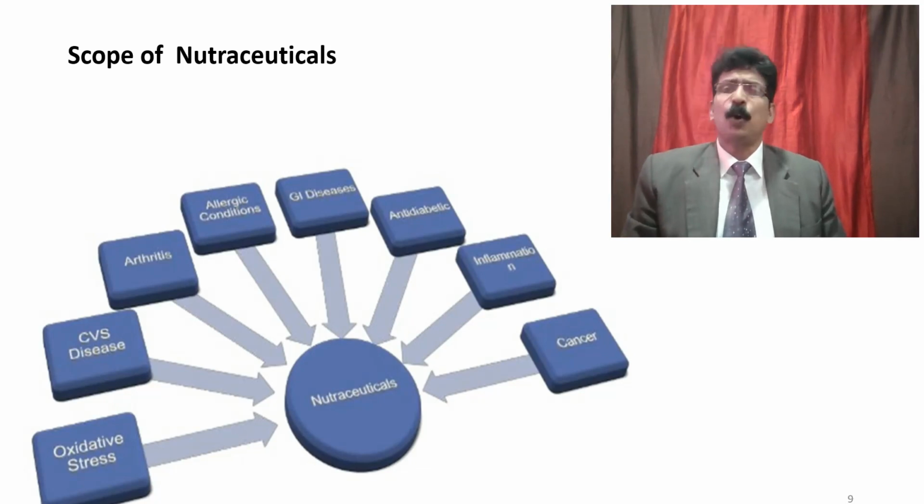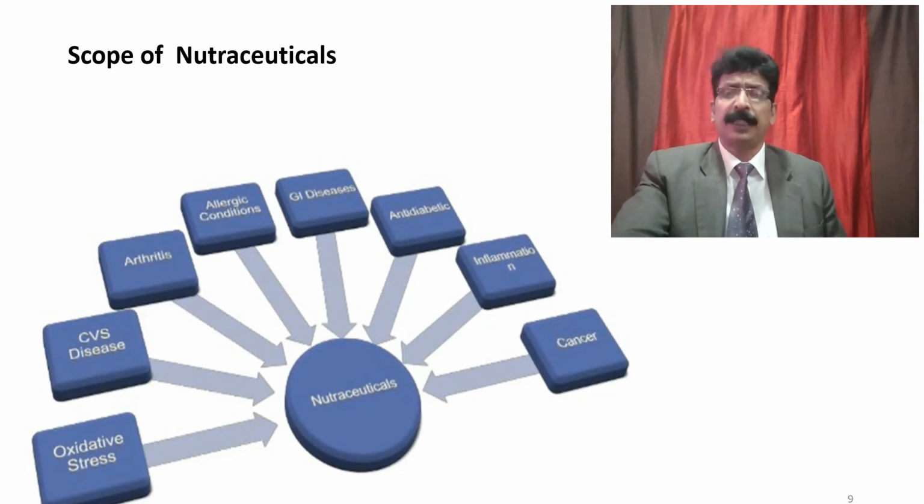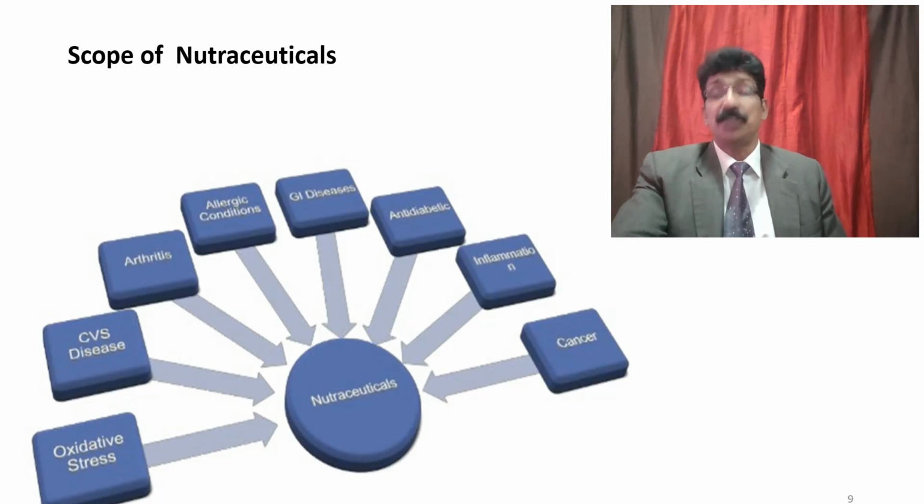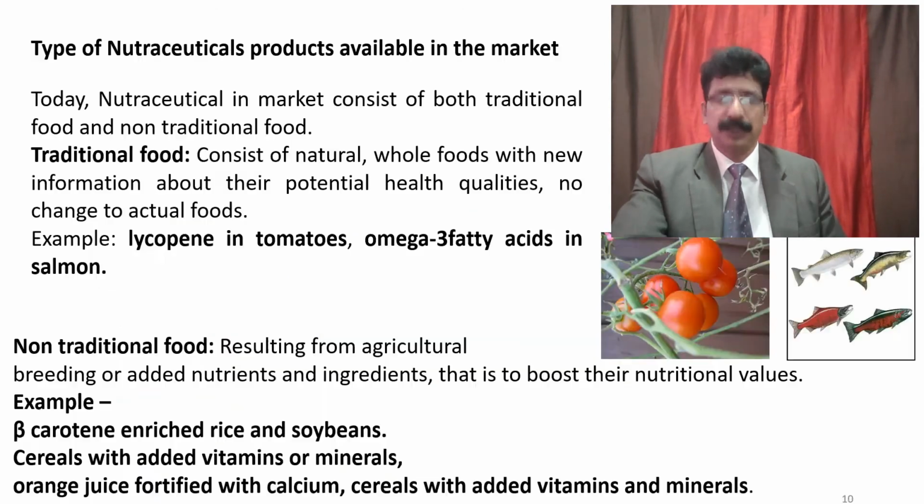So there is much scope for nutraceuticals, apart from the market and the advantage of job opportunities. They have very amazing applications for various ailments, and it is important to know about them.